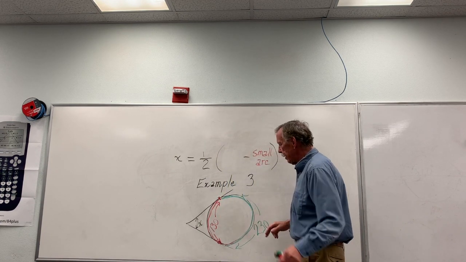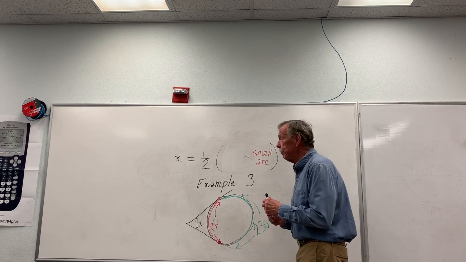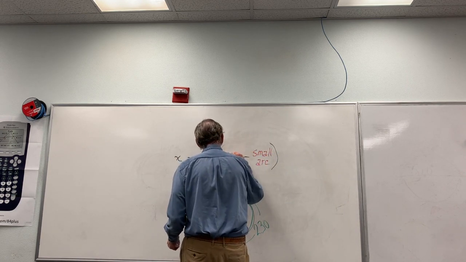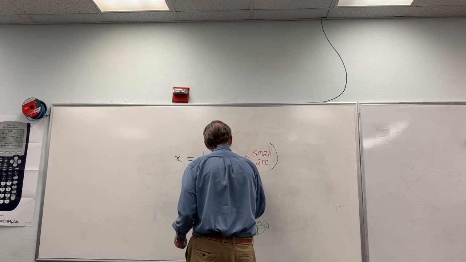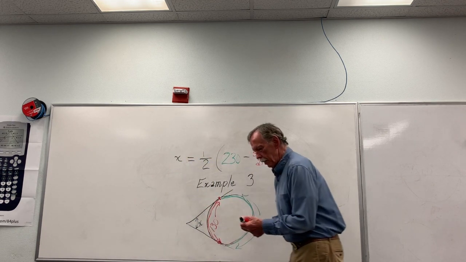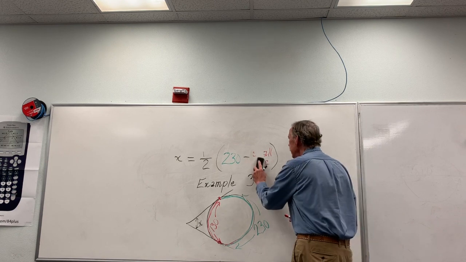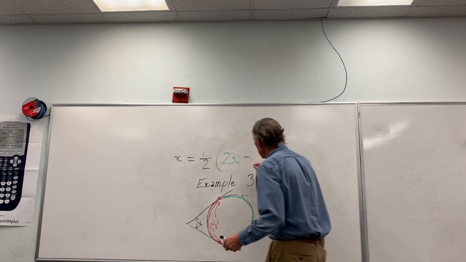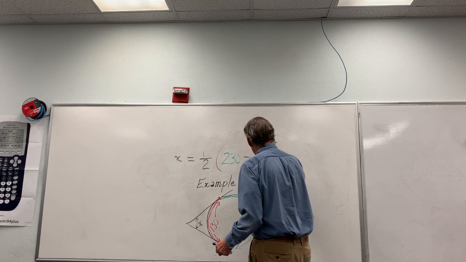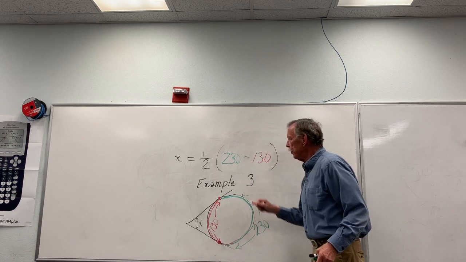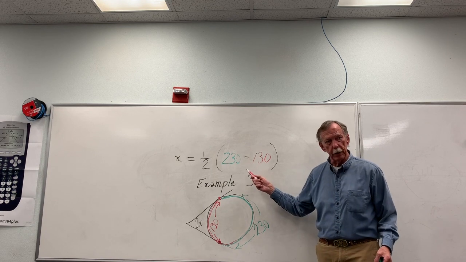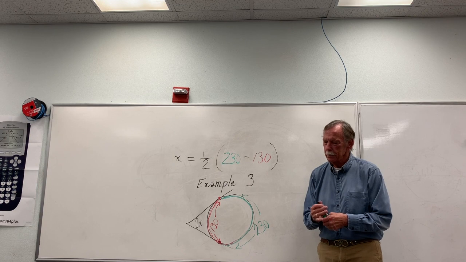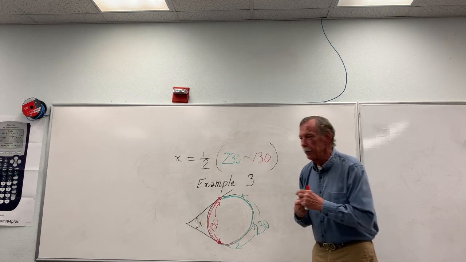In the picture, the big arc is 230. And the small arc is 130. The difference between 230 and 130, come on now, 100, that's right.